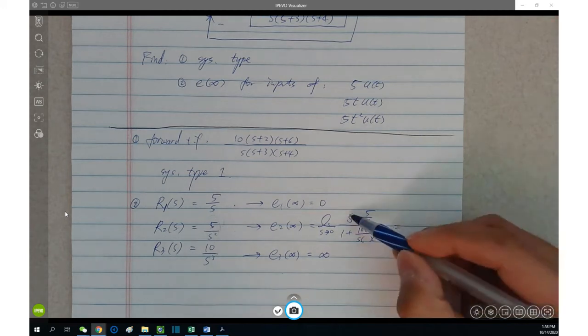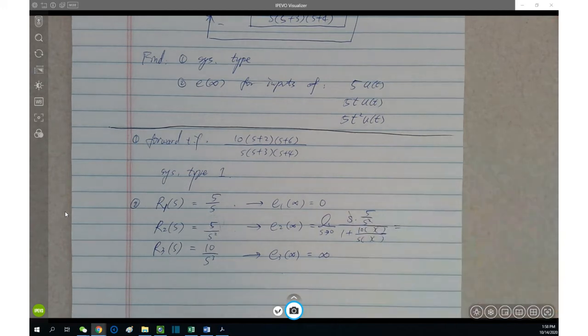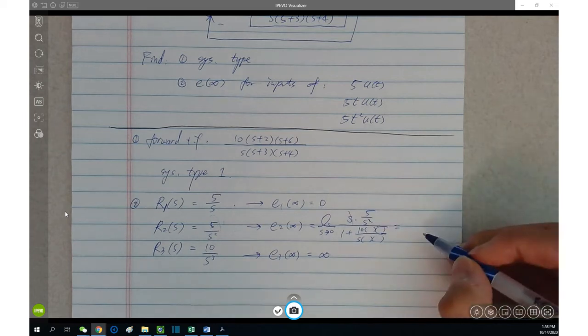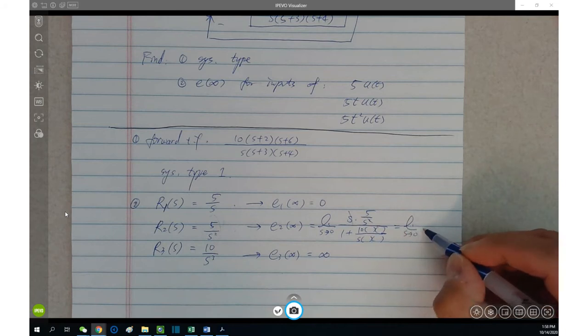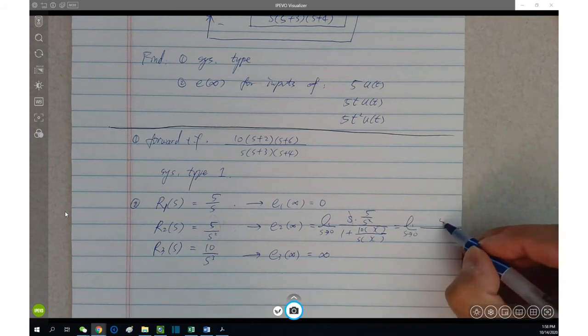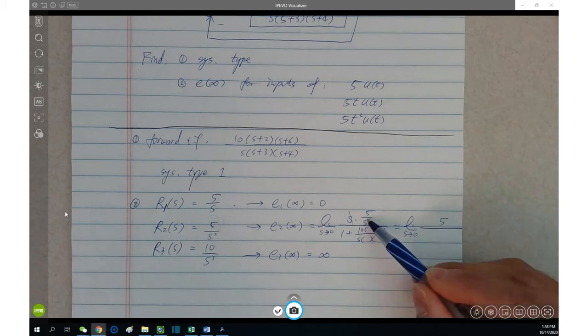First, this s is canceled with this s here. And then what you get is that the numerator is 5.